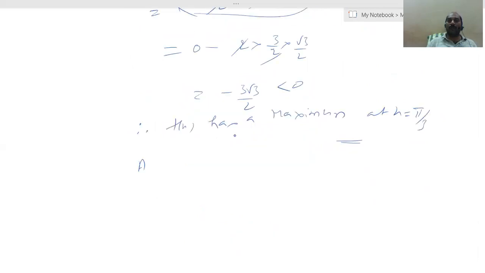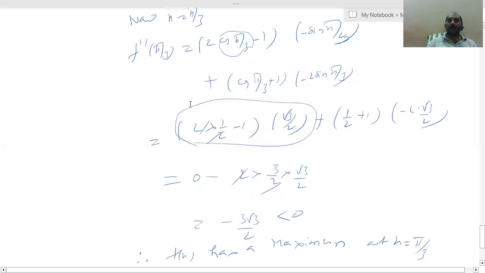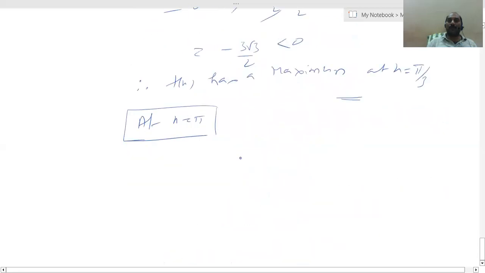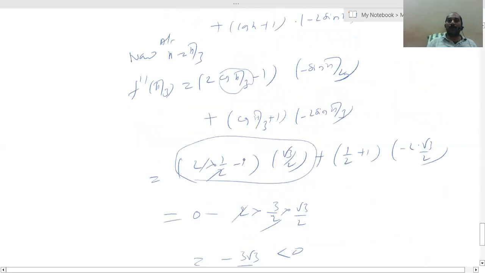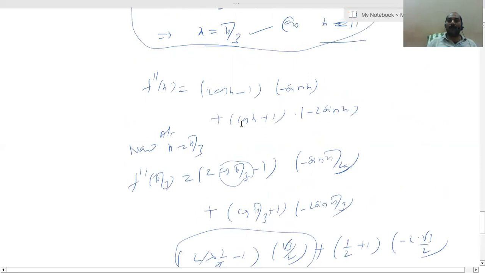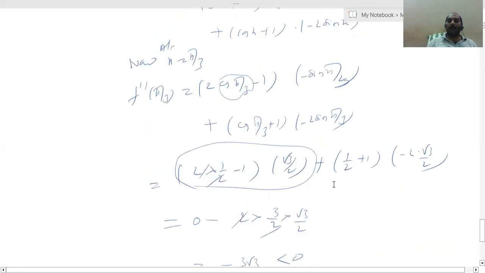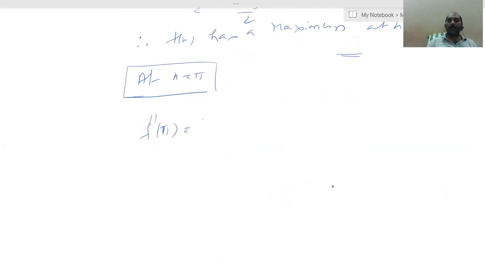But at x equal to pi, the second derivative value is 0. Substitute at x equal to pi, f double dash pi value is: see the second derivative, 2 cos pi minus 1 times minus sin pi, plus 1 plus cos pi into minus 2 sin pi.